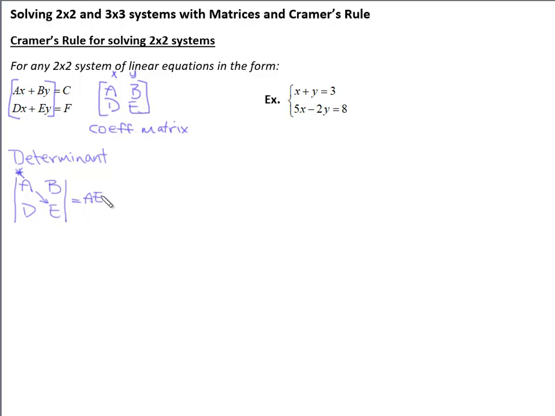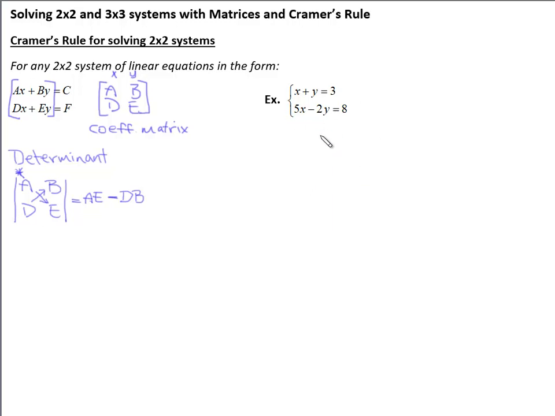Then we're going to subtract the product of my other diagonal. So we multiply d and b together and subtract it from the first one. This is the determinant of my coefficient matrix, and this will be some sort of number.